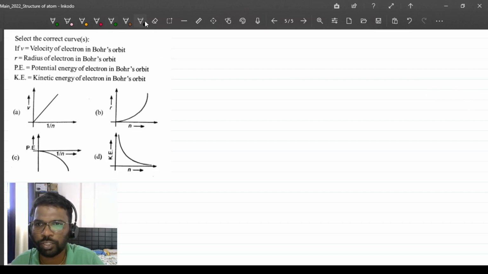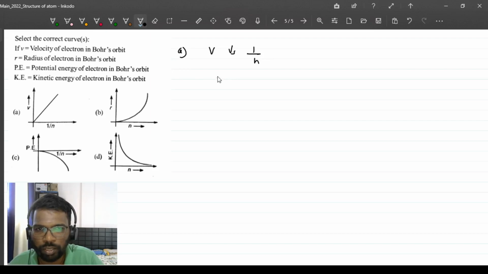Option A is saying that it is velocity versus 1 by n. If you draw the curve, what does this relationship say? A straight line means it shows a direct relation.